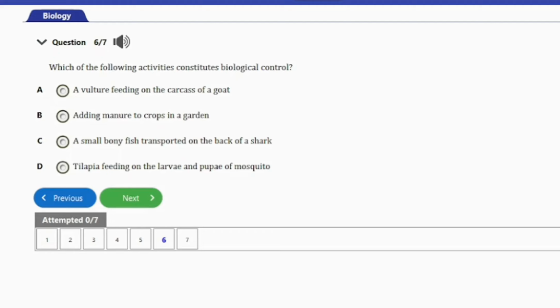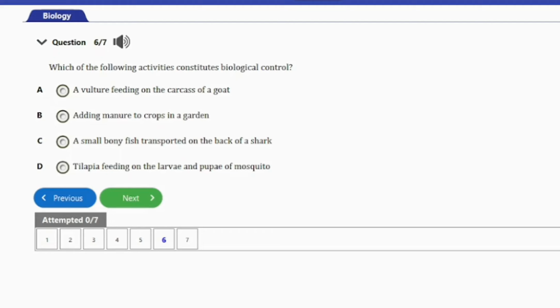So guys, the example here that is actually an activity that constitutes biological control is option D here. That's tilapia feeding on the larva and pupa of mosquito. So that's it for that question.